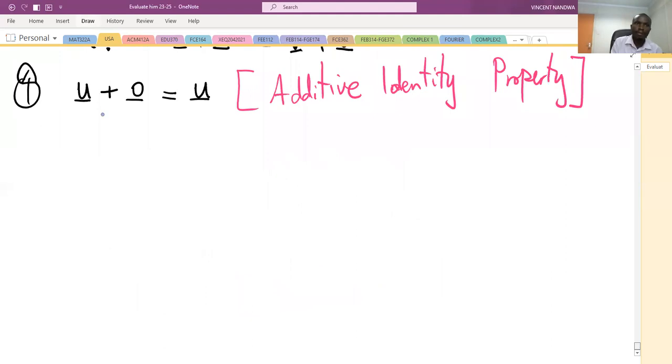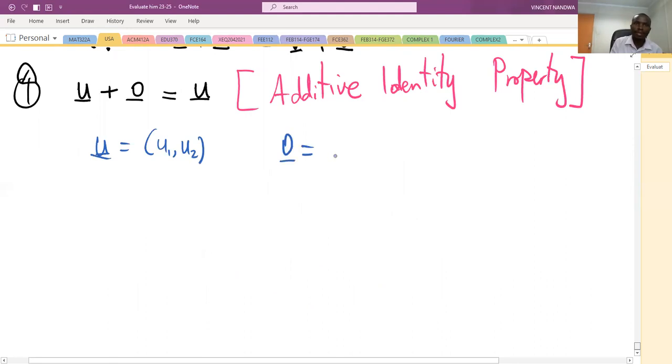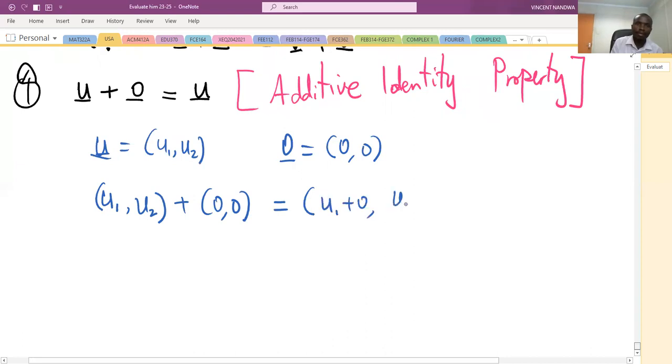Just for illustration, U is U1, U2, and the 0 vector in this respect is 0, 0. So when I say U1, U2 plus 0, 0, these are just real numbers, so you'll have U1 plus 0, and then U2 plus 0.